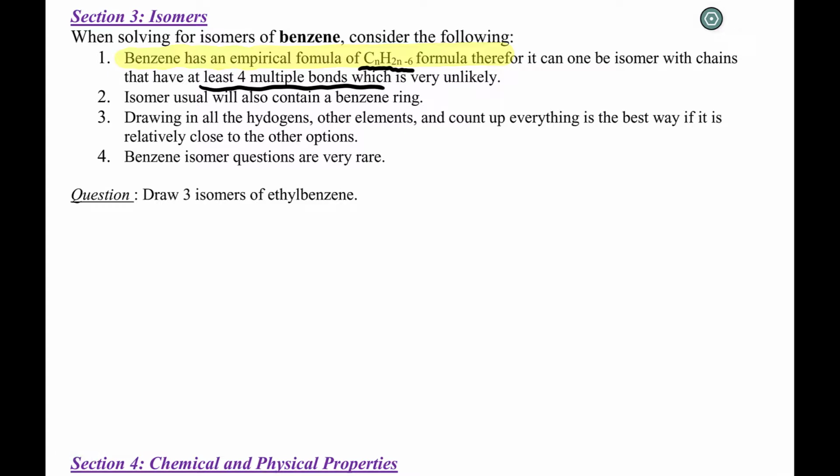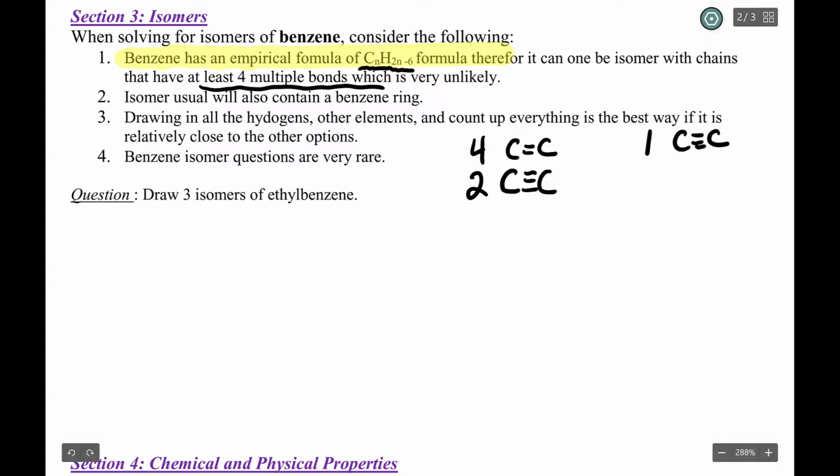There are compounds that do have that, but it is quite strange. So you would have to have something like 4 carbon-carbon double bonds, or 2 carbon-carbon triple bonds, or some kind of combination, like 1 carbon-carbon triple bond and 2 carbon-carbon double bonds, in order to have an isomer of benzene.